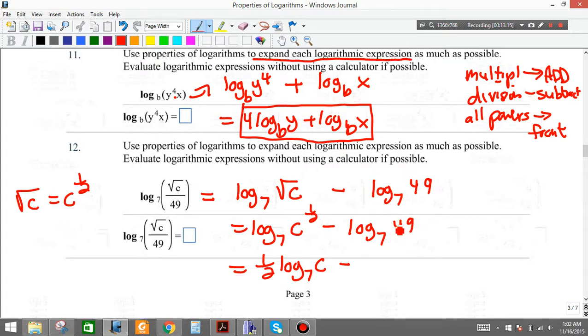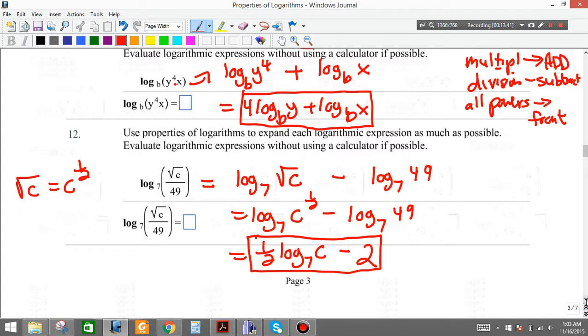The log being the power, when I write log base 7 of 49, I'm asking for the exponent that I would raise 7 to in order to get 49. I know that 7 to the second power is 49, and therefore log base 7 of 49 is 2. And that is the answer. So we have to be very careful that this doesn't just stand there alone. That can be reduced.